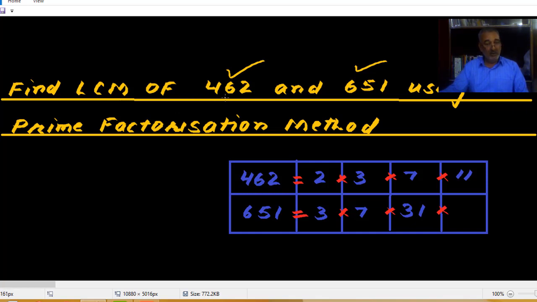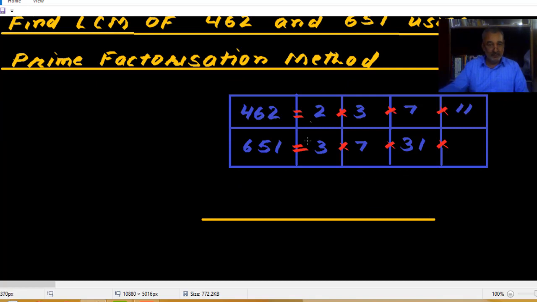Now, the same knowledge will be extended to find out LCM. What should I do in order to find out LCM? If I want to find out LCM of these two numbers, I am taking the same prime factorization as I have solved in earlier examples.